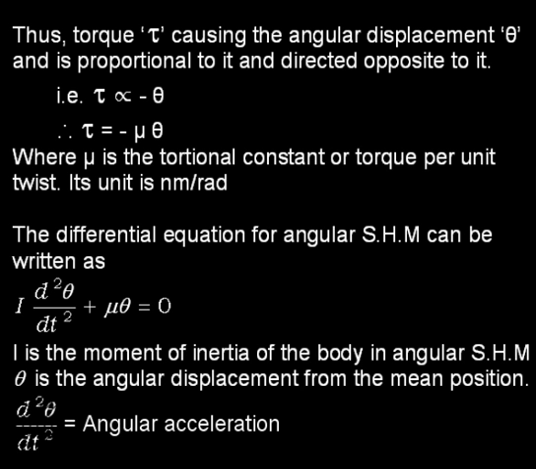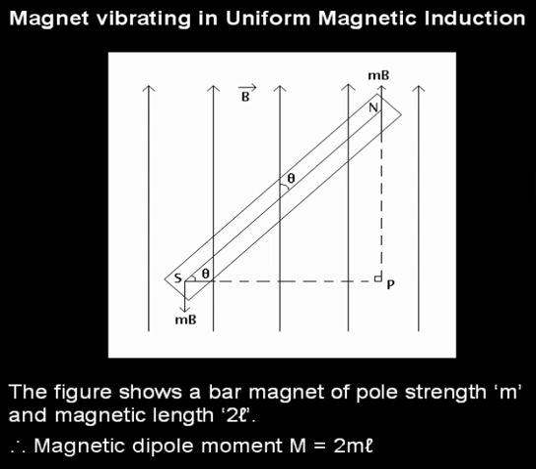The differential equation for angular SHM can be written as I d square theta by dt square plus mu theta is equal to 0. I is the moment of inertia of the body in angular SHM. Theta is the angular displacement from the mean position. So, d square theta by dt square is the angular acceleration.